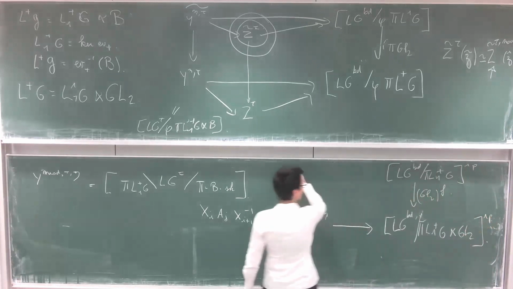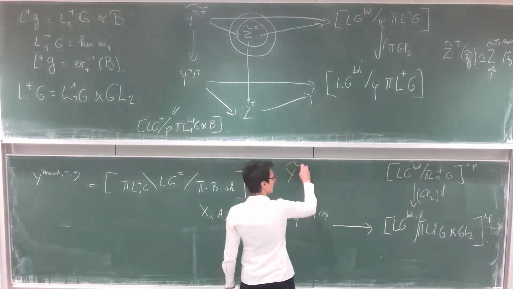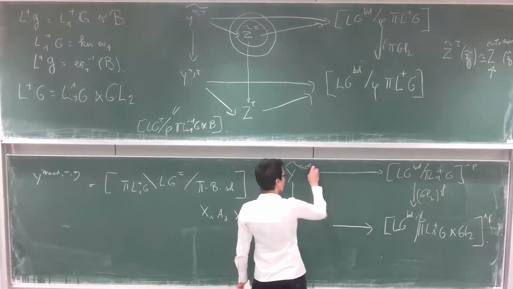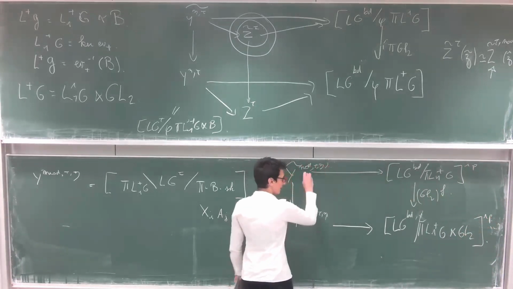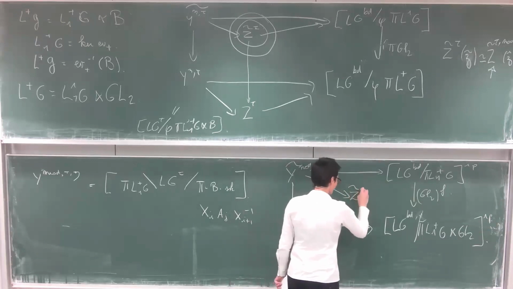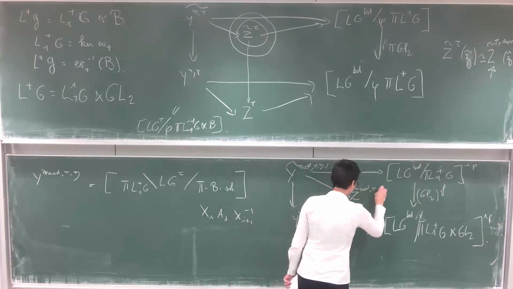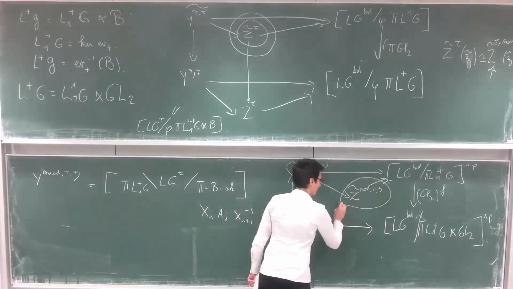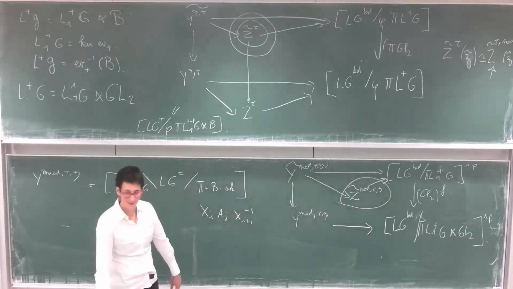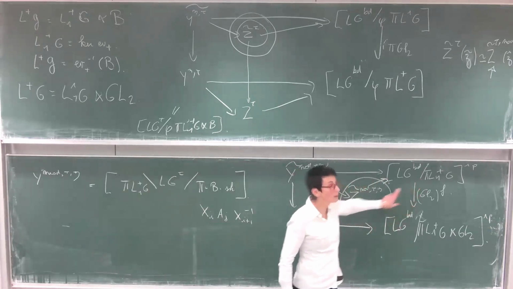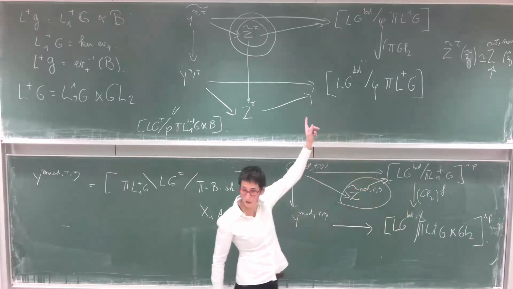And you take the schematic image. And so the main result is that this object that I define without a phi is locally the same as the object with a phi.